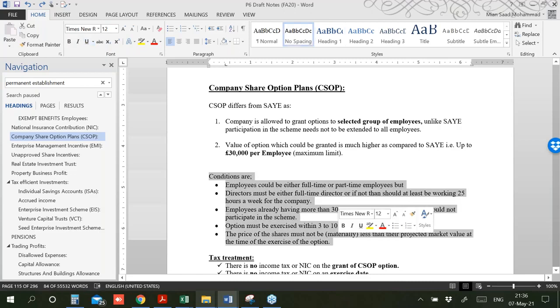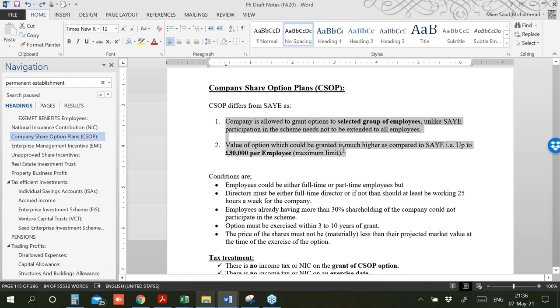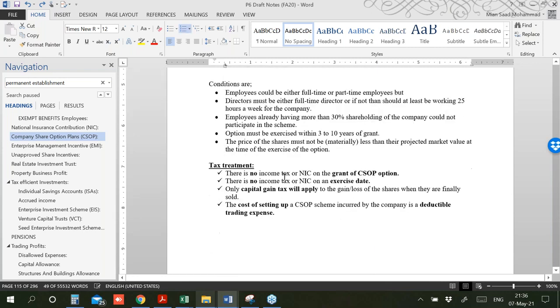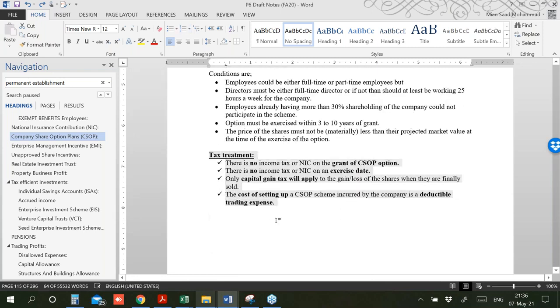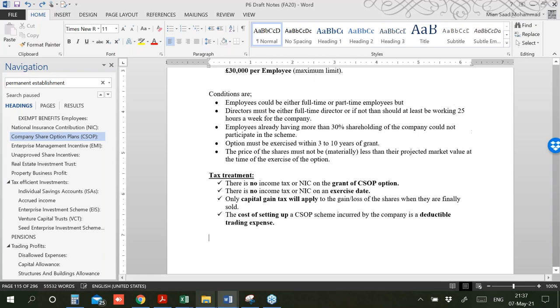You only have to tell about the flexibility, and the flexibility deals with these 2 points and the tax implications, which is this. And as for all approved schemes, no IT or NIC implications at grant date and exercise date. The only tax implication will be capital gains tax, that is on disposal.